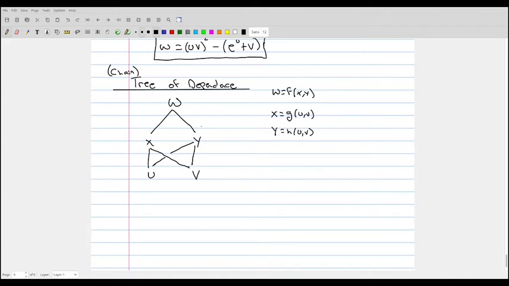So this is the tree or chain of dependence for this composition. This is going to be a very big thing for us, especially when we talk about what's called the multivariable chain rule.